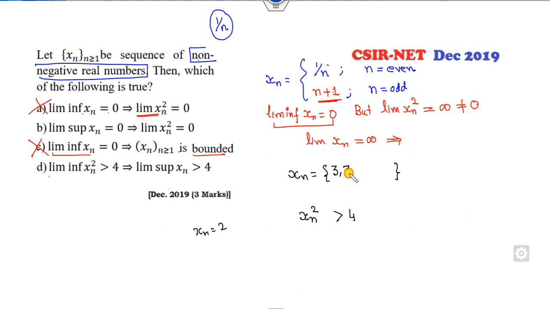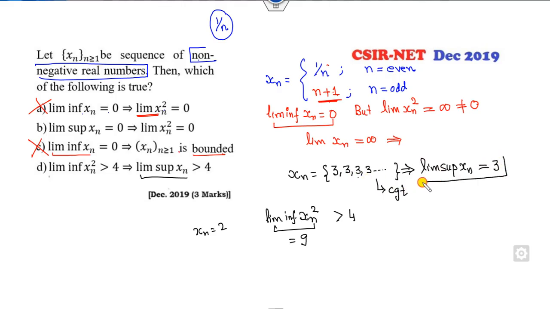If I consider the sequence 3, 3, 3 and so on, then the limit of the infimum is 9, which is satisfied. What is the limit of the supremum of xn? Because this is a constant sequence and it is convergent, the limit of the supremum is nothing but the limit, which is 3. So clearly 3 is not greater than 4. This option is cancelled. The only option left, B, is the right answer.